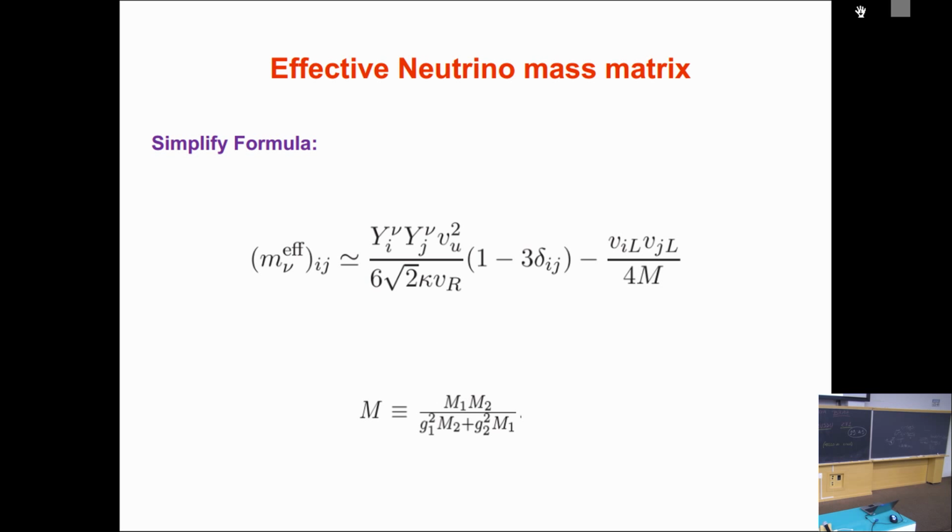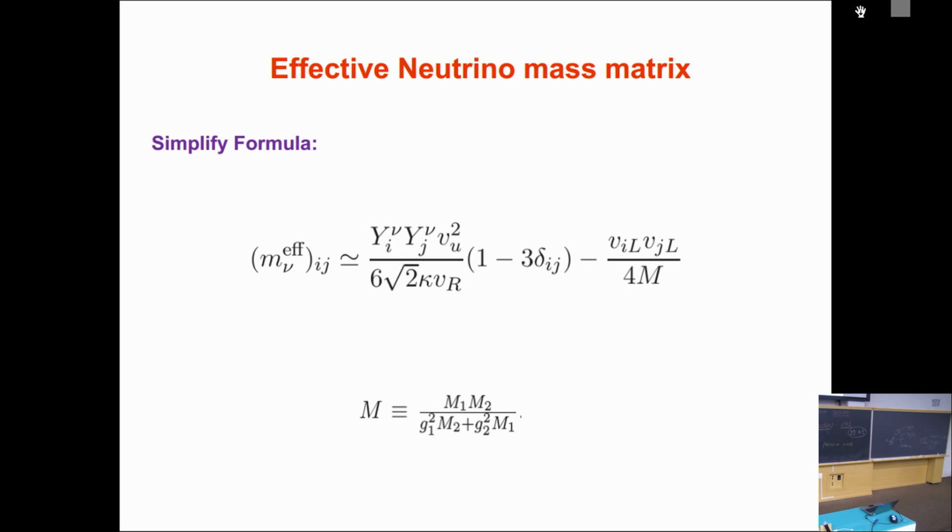This is not the exact formula, but the formula that is very easy to remember. Here you have a seesaw with an effective Majorana mass. You can think that is the Higgsino mass. You can think that the Wino is really this here, but this goes only with the left-handed neutrinos, and you have an effective Majorana mass for the neutrinos.